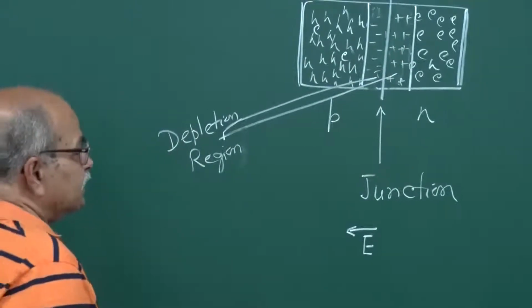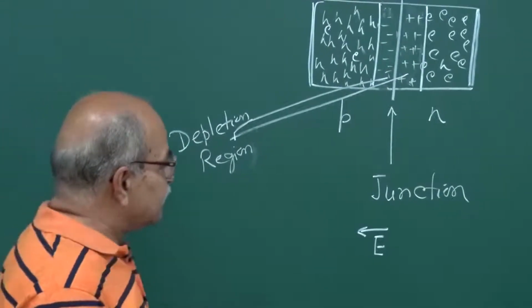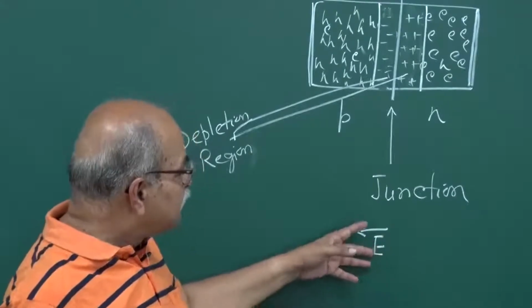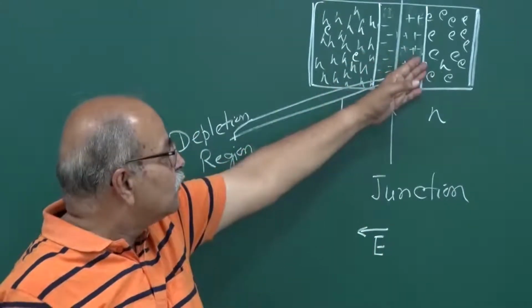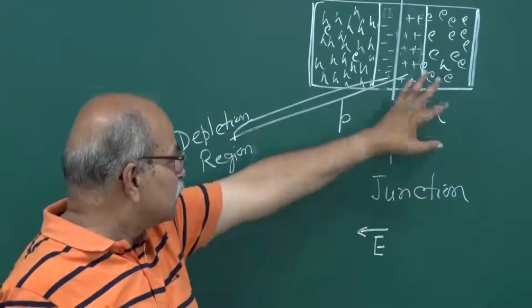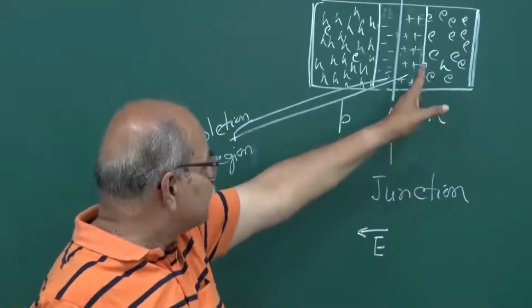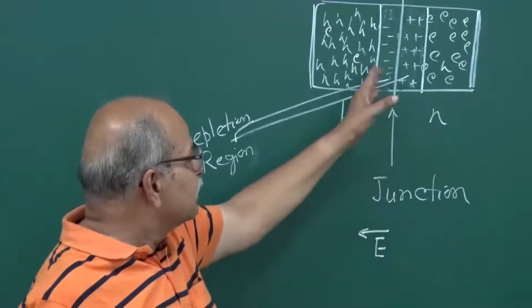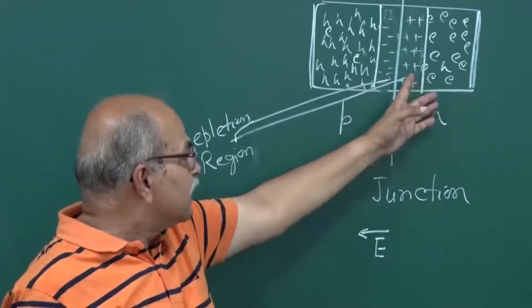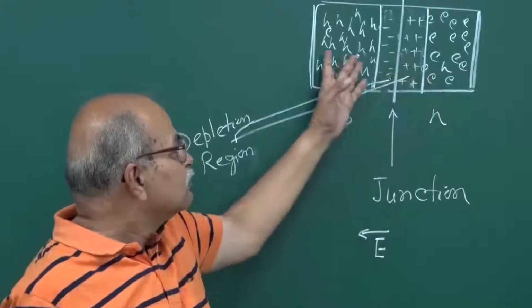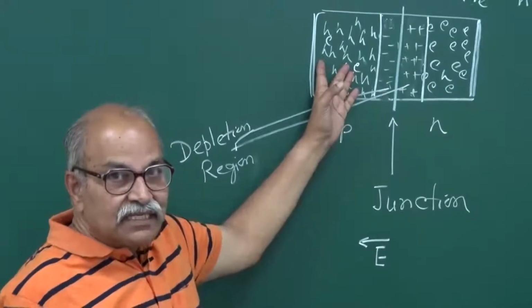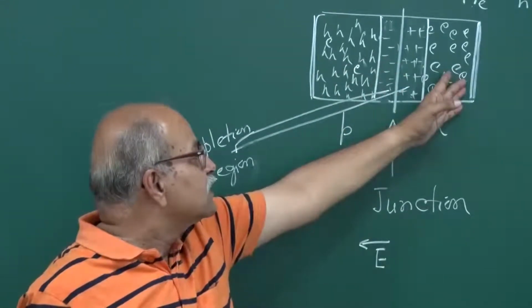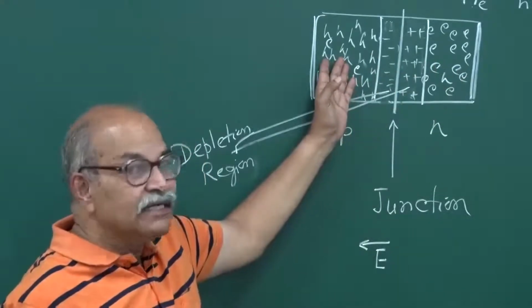Then we said that, okay, once you have an electric field, you will have some potential variation also. In this case, the potential is decreasing from right to left. So this will be at a higher potential, this will be at a lower potential. There will be a potential difference between this n side and this p side.